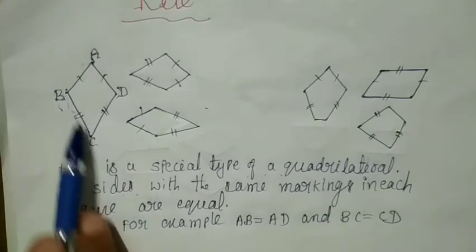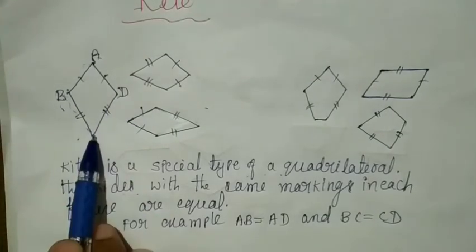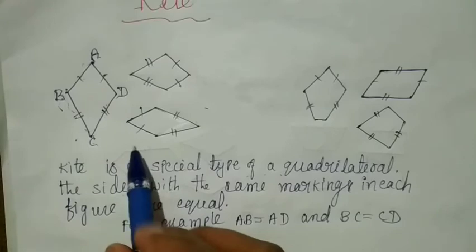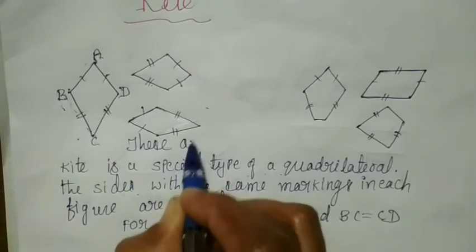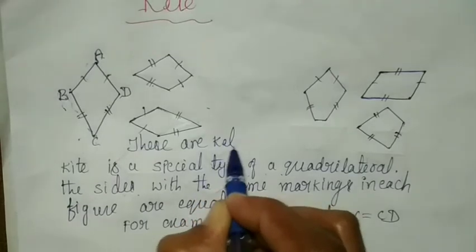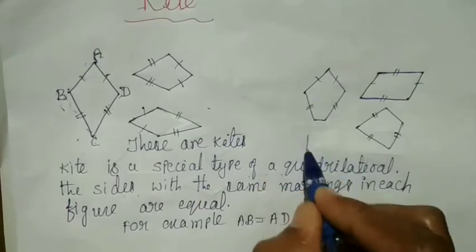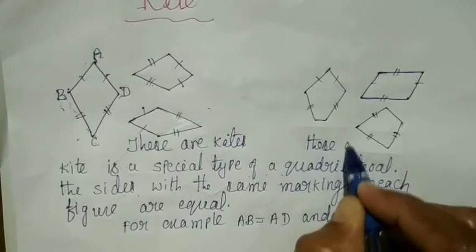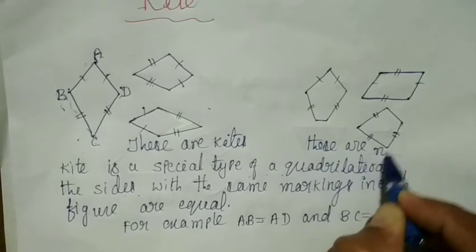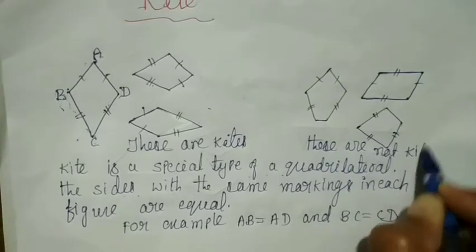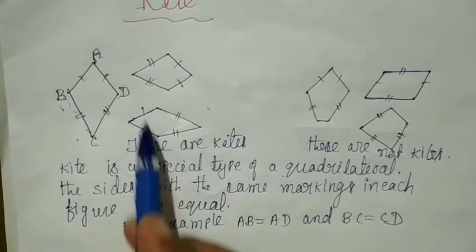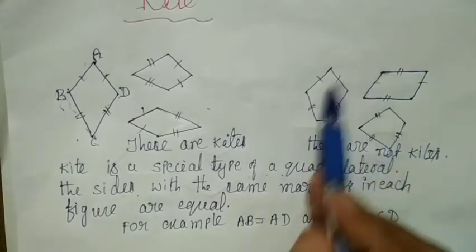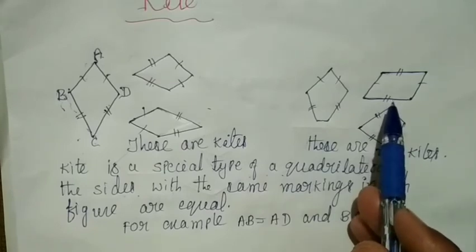Once again, BC is equal to CD. Therefore, these are kites. These are not kites. Dear students, study these figures and try to describe what a kite is.